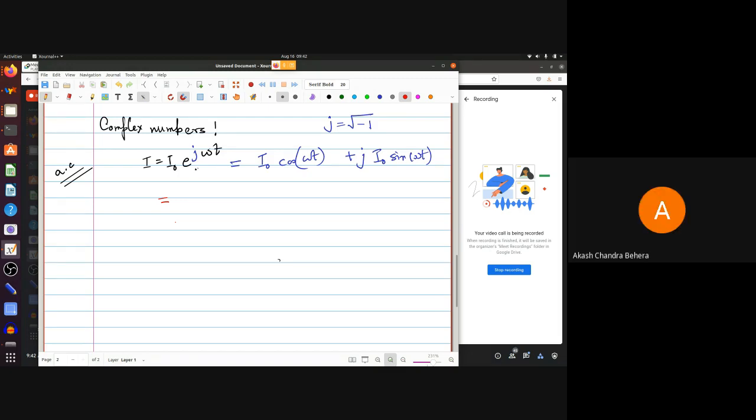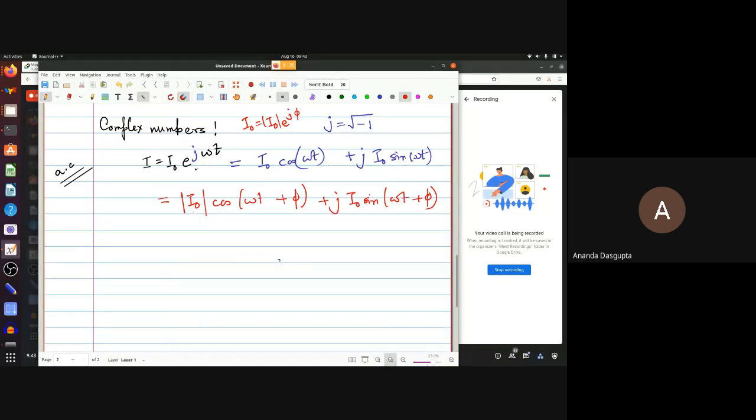Sir, maybe I naught is complex. Yeah, right. I naught here may be complex. So I naught could actually be something like magnitude of I0 times e to the j phi. If I naught were something like this, then this really would be I naught cosine omega t plus phi plus j into I naught sine omega t plus phi.